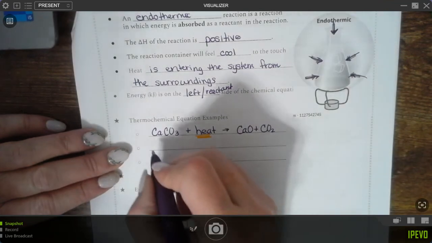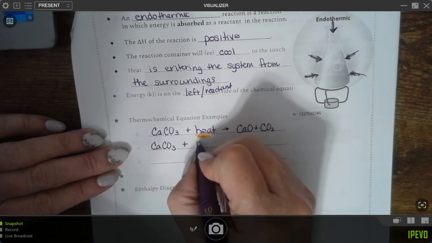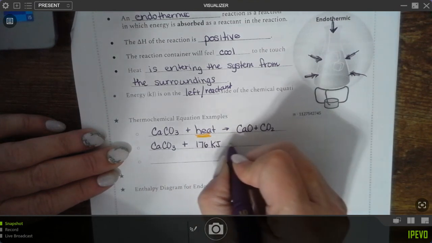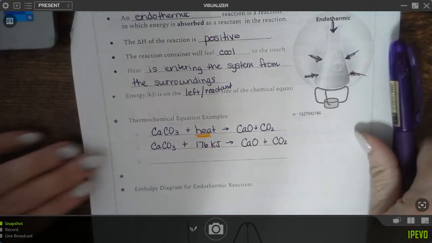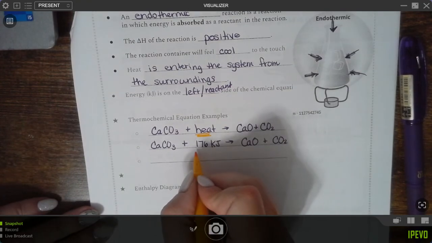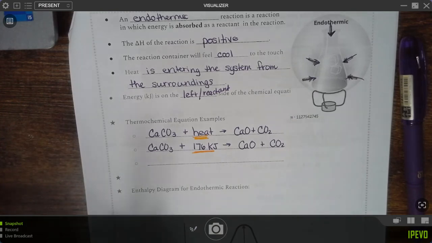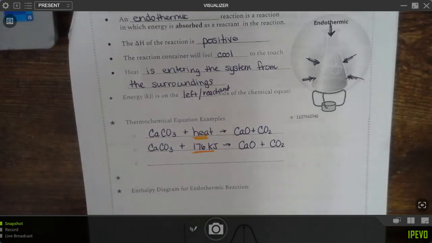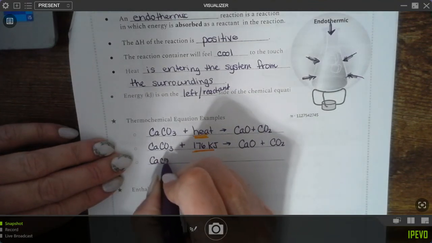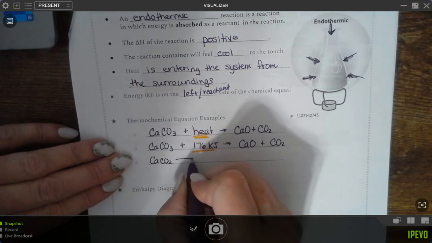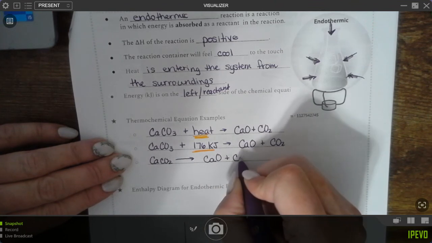We might also see this as a specific number. So calcium carbonate plus 176 kilojoules produces calcium oxide plus carbon dioxide. By giving it a value, this tells us exactly how much heat is absorbed because it's endothermic. And then finally, just like we did with the exothermic, we might see it expressed not as part of the reaction, but as a statement that goes along with the reaction.